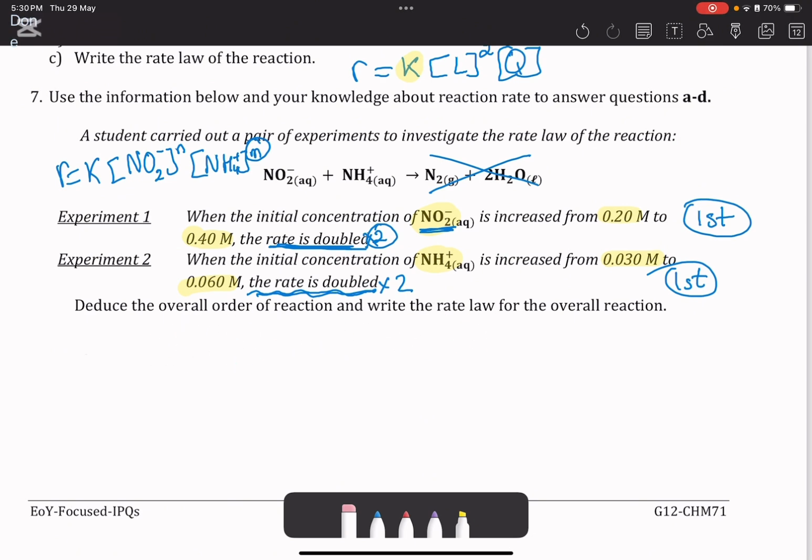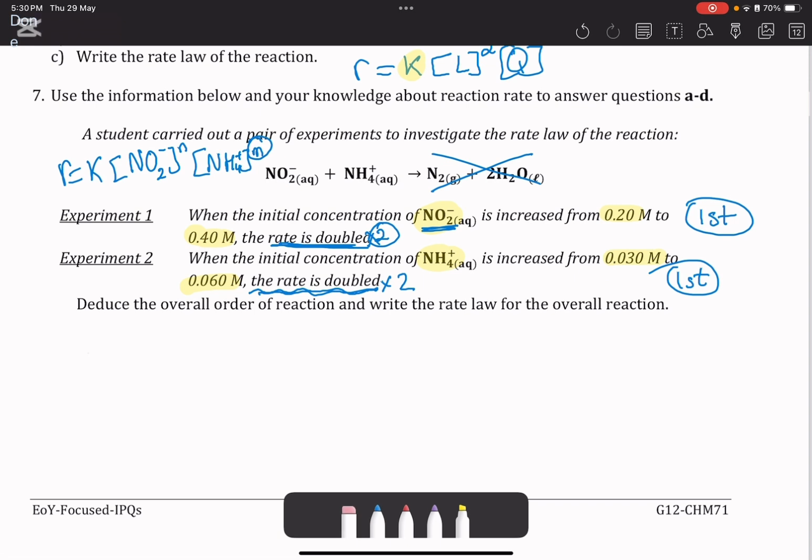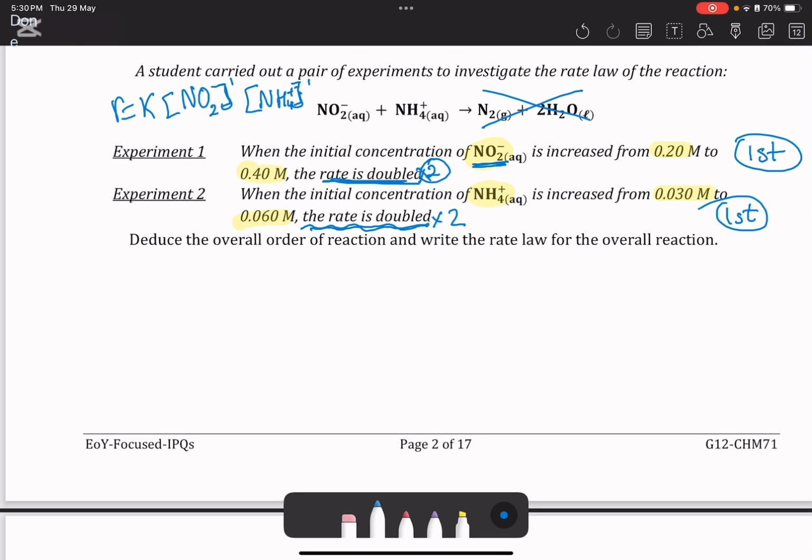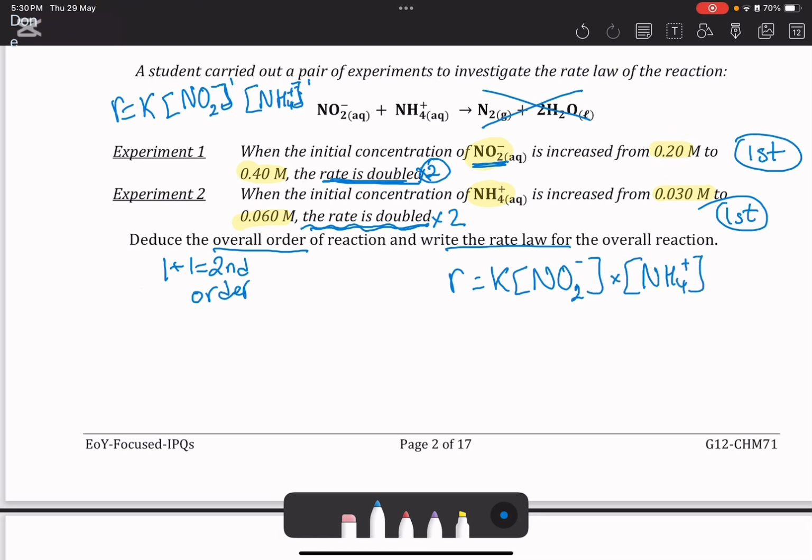So now we know that this one is 1 and 1. You can just simply put the brackets without adding 1, or you can simply put 1 and 1. Deduce the overall order, so you add 1 plus 1 equals second order. And write the rate law. Therefore, the rate law is the concentration of NO2 minus multiplied by the concentration of NH4 plus.